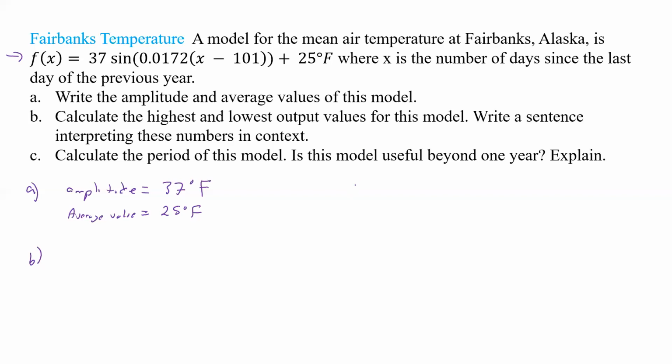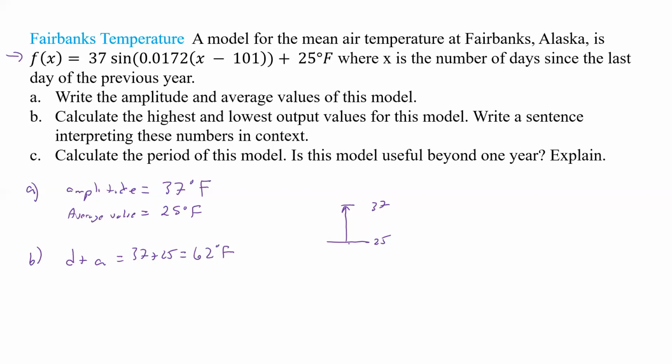So we're going to have to do our D plus our A, because we have our average plus our amplitude. So here's our average, which we said was 25. Our amplitude here was 37. So that's going to be our max. So 37 plus 25, and that's going to be 62 degrees Fahrenheit.